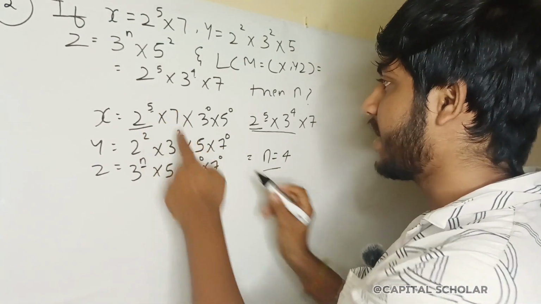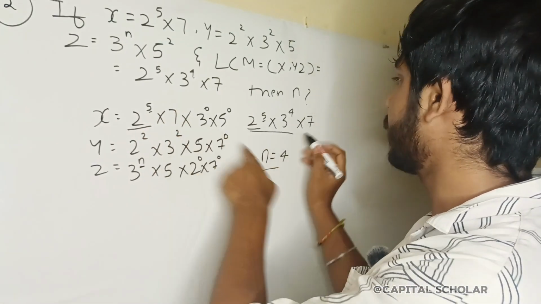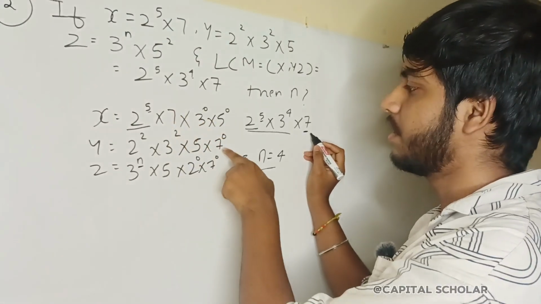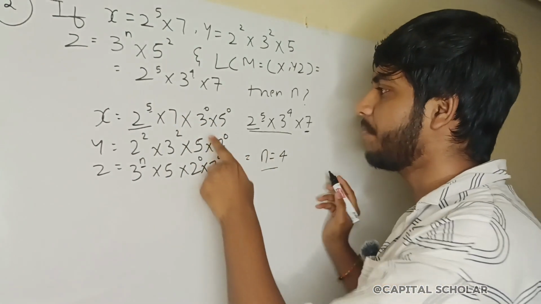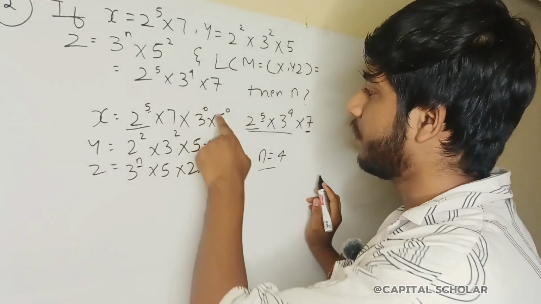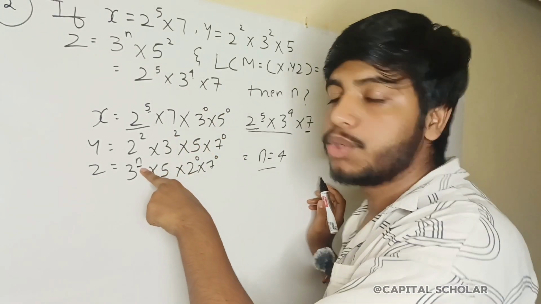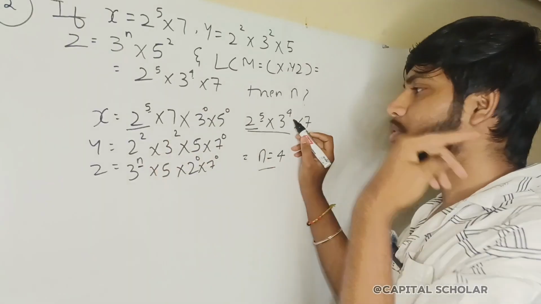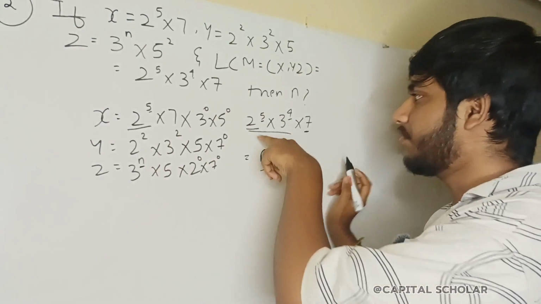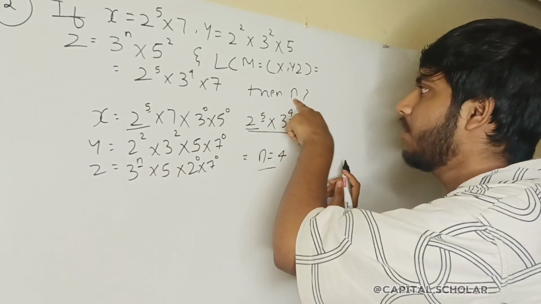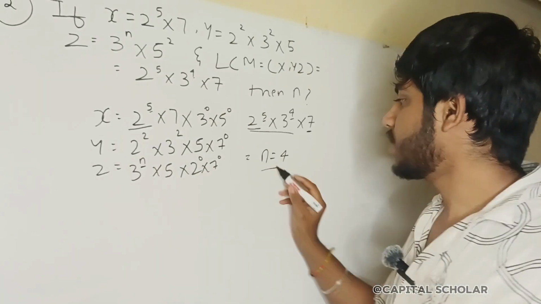In 7, which is highest? 7 to the power of 1 is highest, and 7 to the power of 0 means 1. In 3, which is highest? 2 is highest among the given ones, but n can be more than 2. Suppose we don't know n, if the LCM has 4, then the answer for n will be 4.